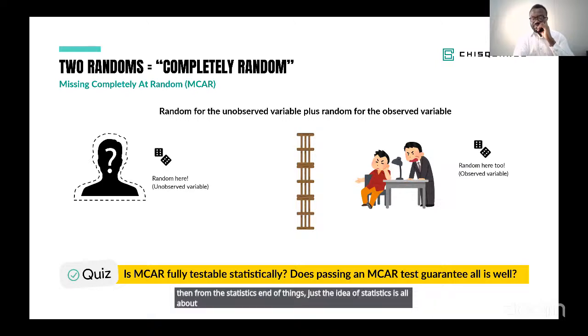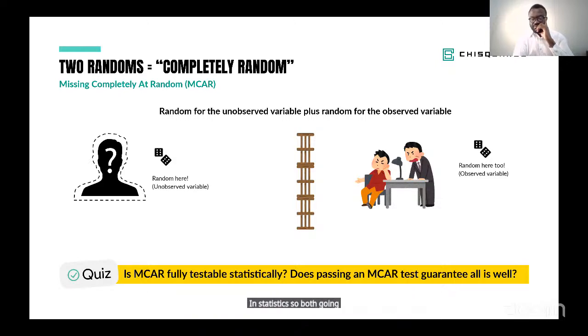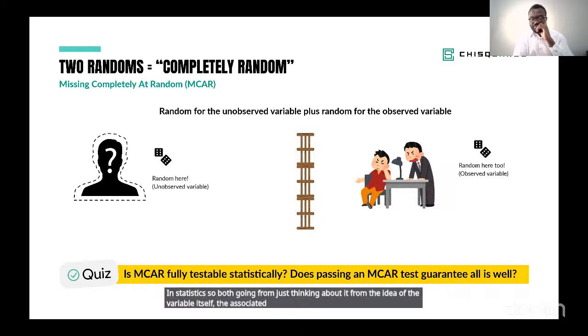It's never a guarantee. There's always a level of uncertainty involved. So thinking about it from the variable itself, the associated variables, and even the statistical test, the fact that there's no foolproof statistical test, I think it's clear.